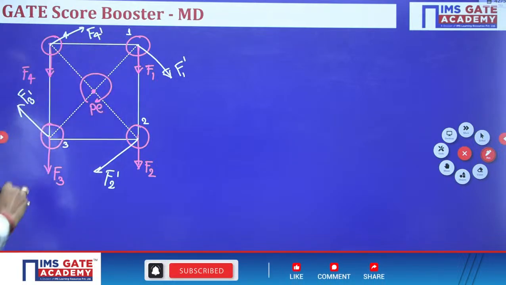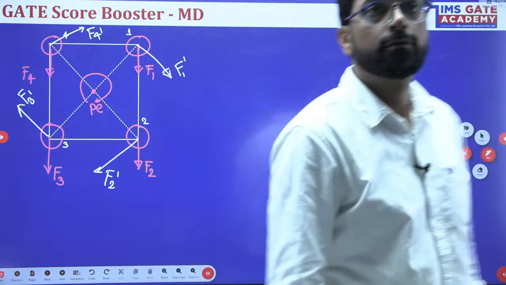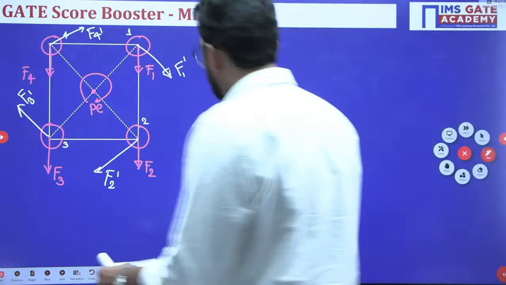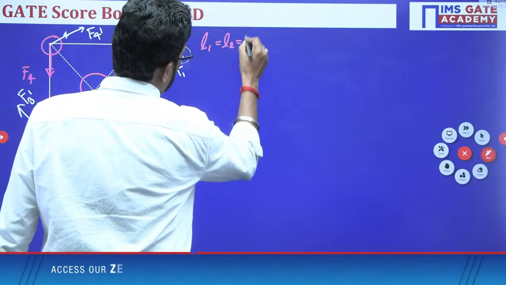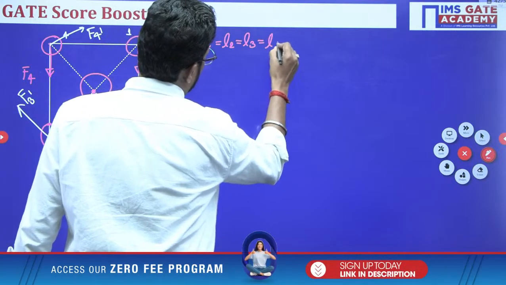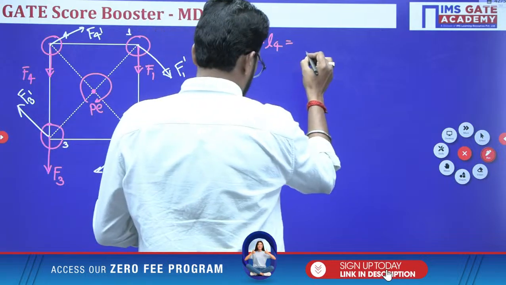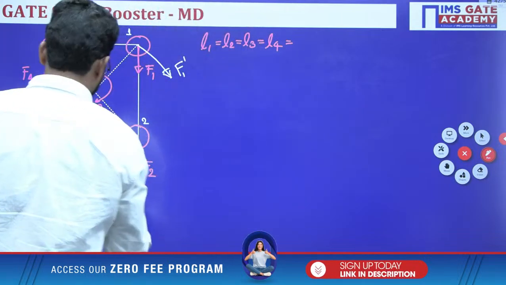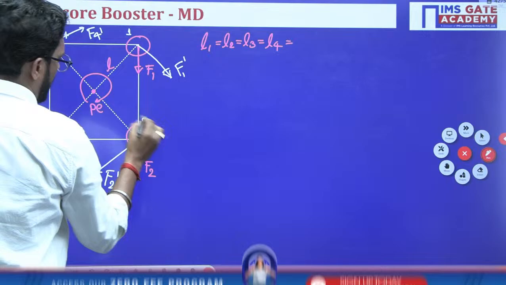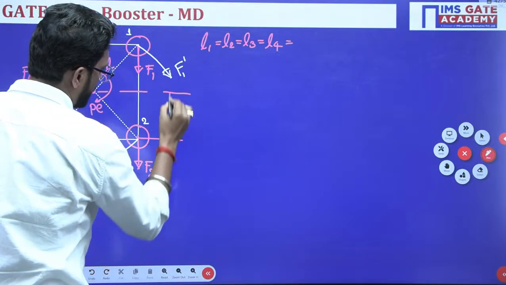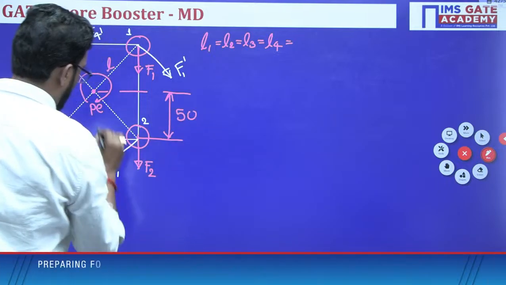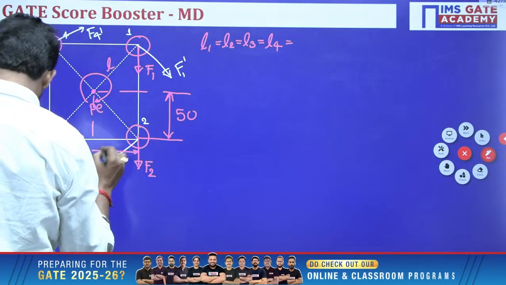Is it clear? This force will be applied perpendicular to all of these. Here L1 is equal to L2 is equal to L3 is equal to L4, and that is your L, and this dimension is 50, and this dimension is 50.